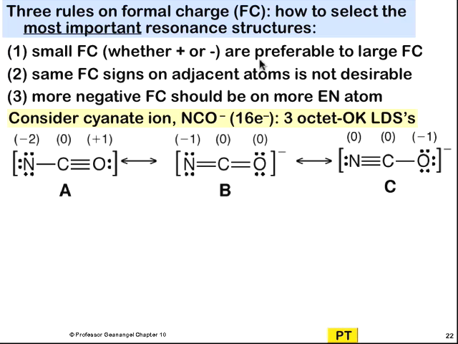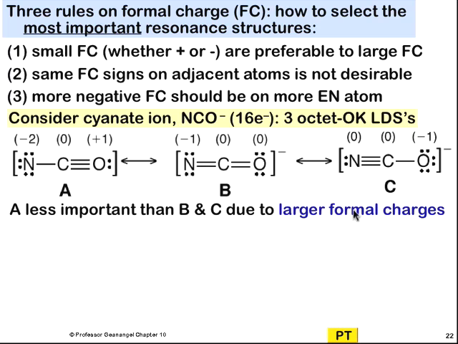So they're equivalent as far as rule 1 goes. And they don't have any plus or minus formal charges on adjacent atoms, so we skip 2, and we go down to 3, and we look for the one that has a negative formal charge on the more electronegative atom, and oxygen is more electronegative than nitrogen, and so C looks to be the most important resonance form with regard to the resonance hybrid.